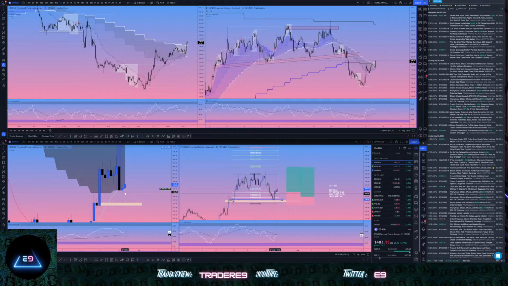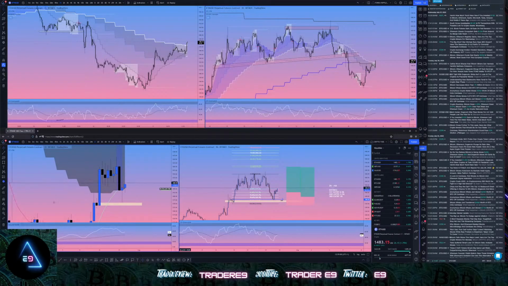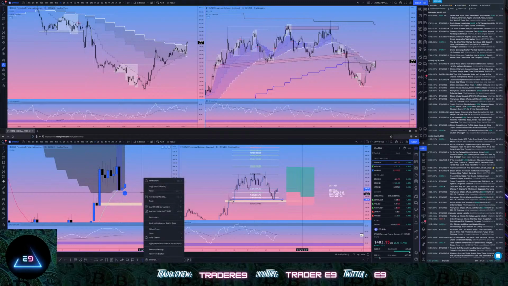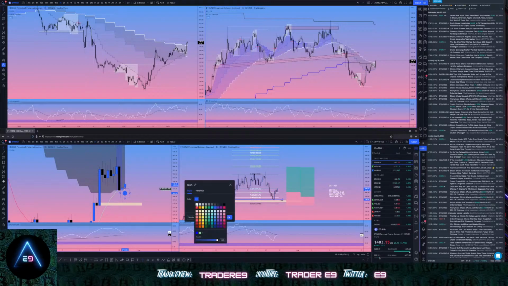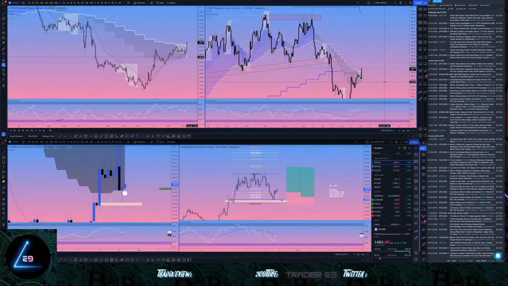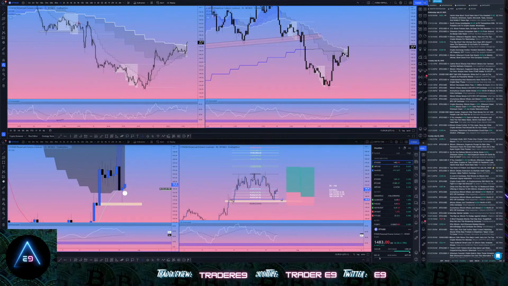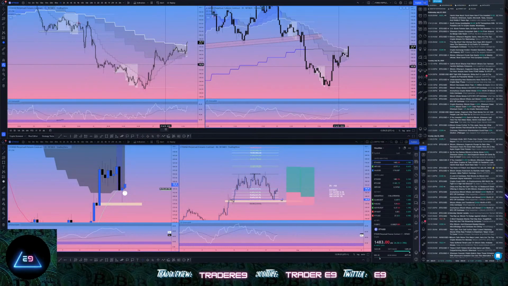So 1424, this wick here, just note that on the chart, this wick just there is 1424. Now when we look at the chart here, 1424 is right there.